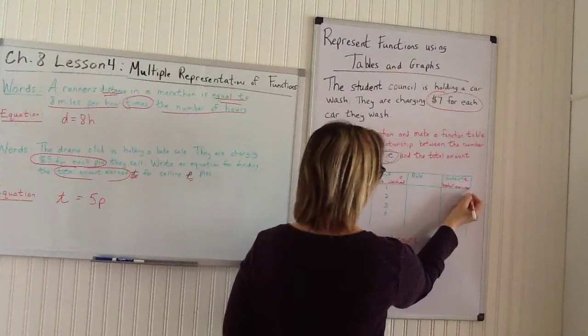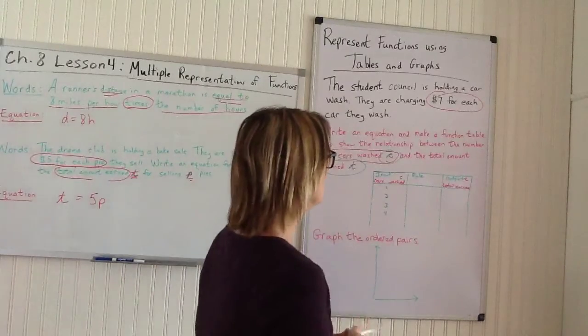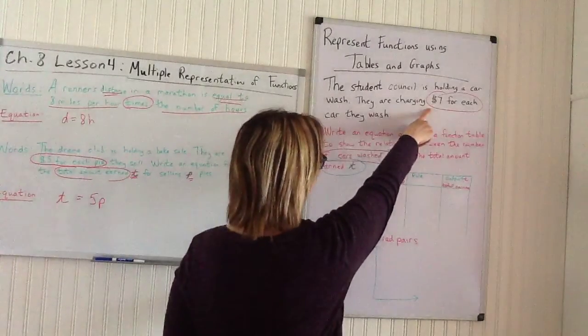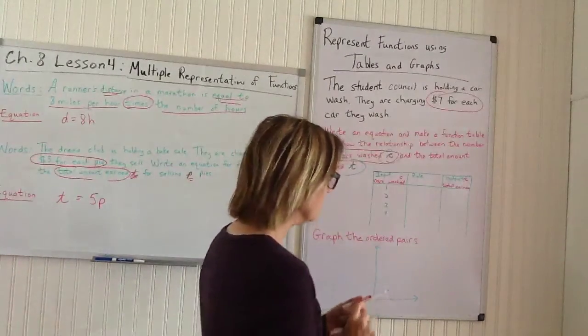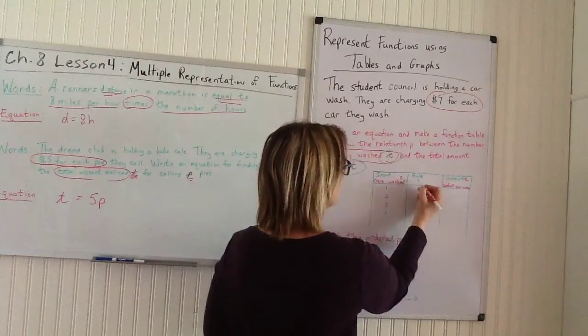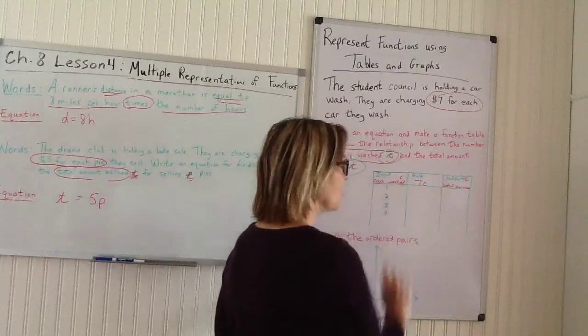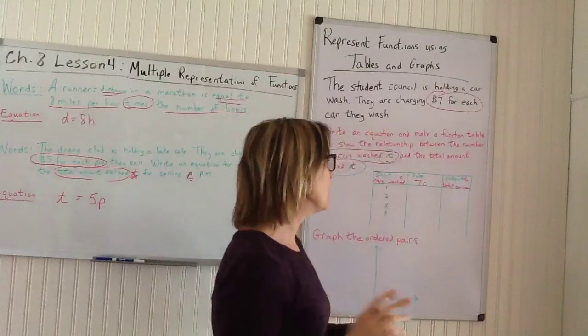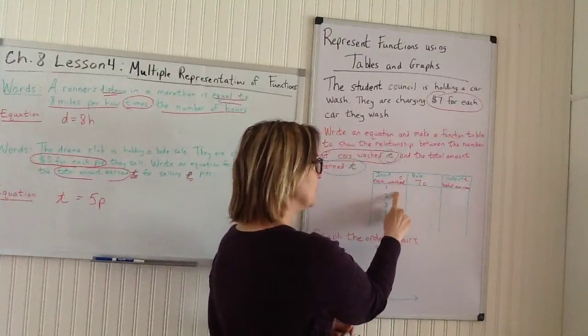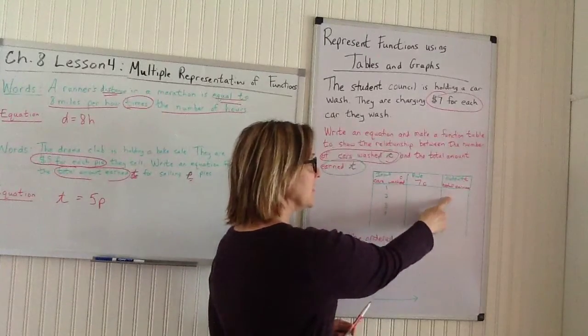I'm going to look back into my problem to see what my equation is. I can see up here they're charging $7 for each car. So my rule is going to be $7 for each, C stands for cars, 7C. I'm going to take my input, plug it into the rule to get my output.